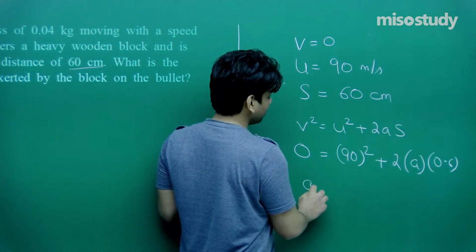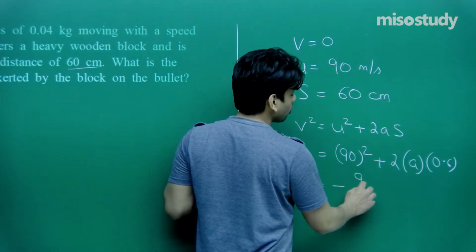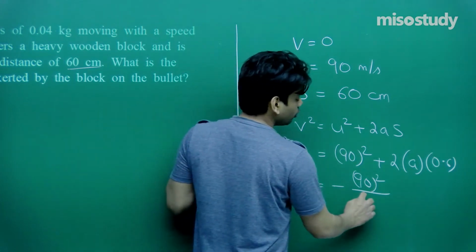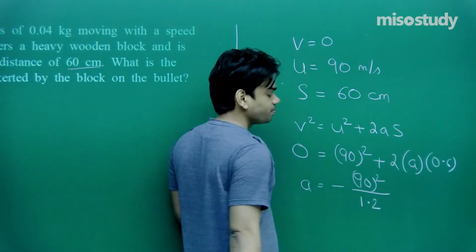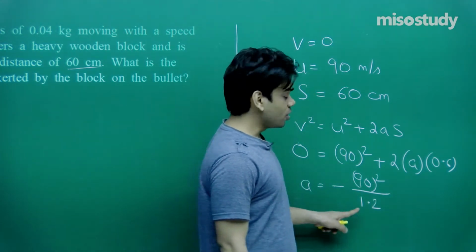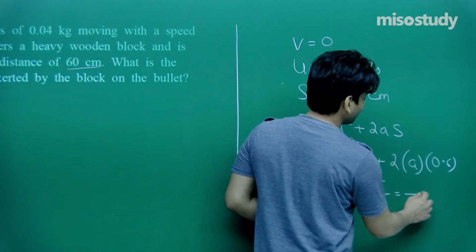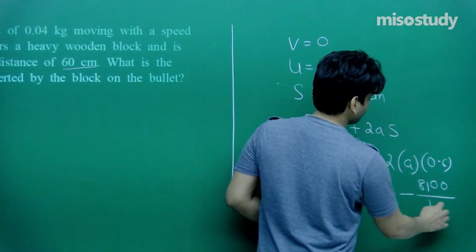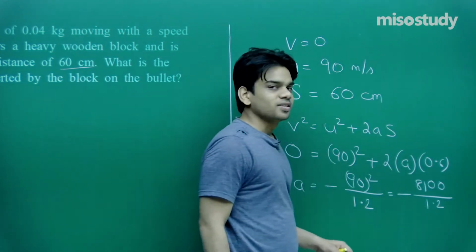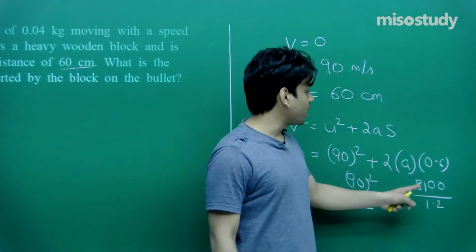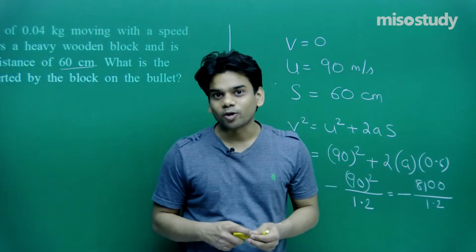So A will turn out to be minus of 90 whole square divided by 2 into 0.6, that is 1.2. If we open this, we are going to get minus 8100 divided by 1.2. So acceleration is negative of 8100 divided by 1.2. This is the deceleration that we are obtaining.